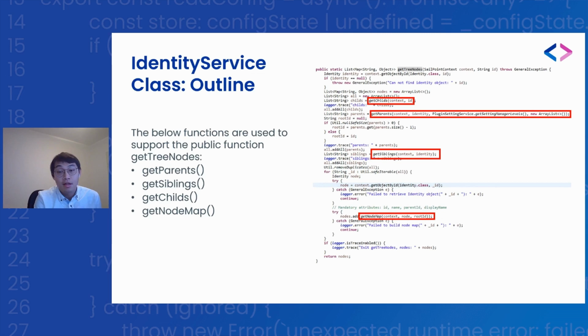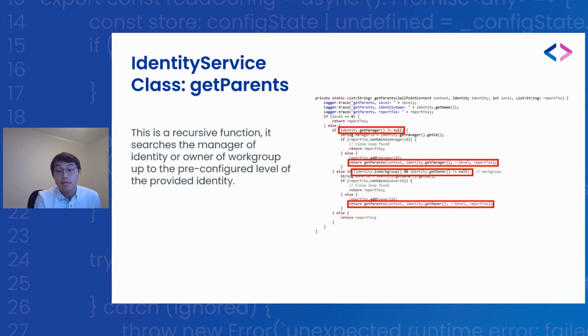And within the getTreeNodes function, we use getParents, getSiblings, and getChilds to construct the org chart for the provided user. The getNodeMap function is similar to a data transfer object class. It simply translates the IIQ object into the JSON map format. The getParents function is a recursive function.